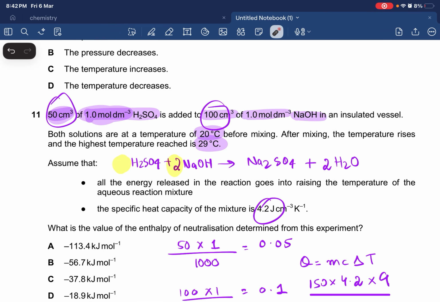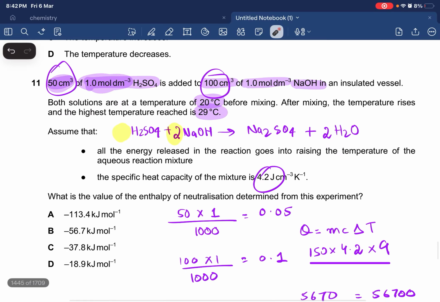Oh my gosh, just realized something. 0.05 times 2 gives me 0.1. So that means in this case, when no one is the limiting reactant, we divide by the moles that are more in number. We divide by the highest moles. So over here we're dividing by NaOH moles, not by sulfuric acid moles, okay?